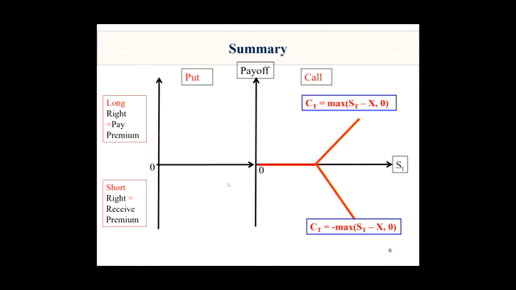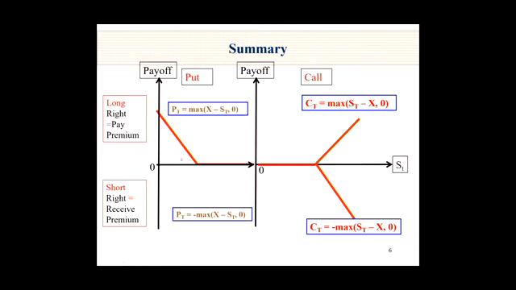A put option is the option to sell the denominator currency. If the spot rate is less than the exercise price, the option is in the money, you make a profit. So the option has value. Otherwise, the option will lapse and you will not exercise it.